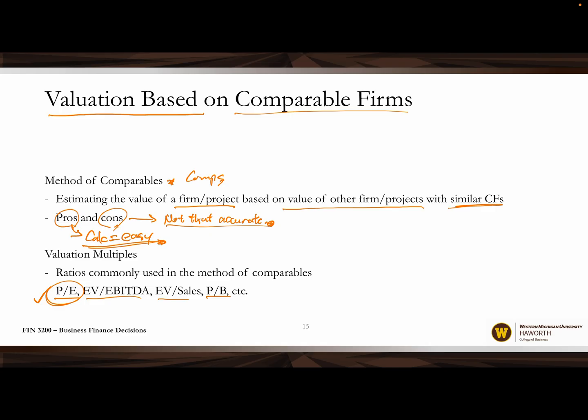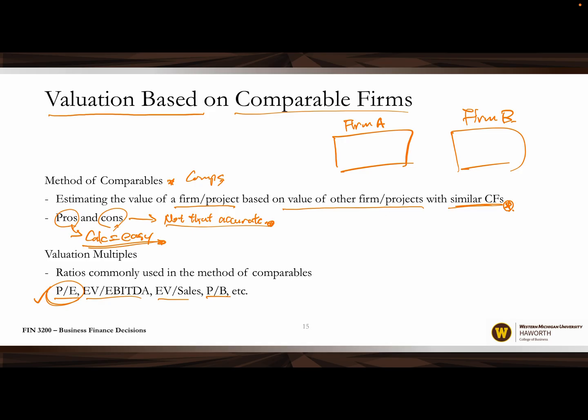So the idea is, let's say there are two firms, firm A and firm B, and they're both producing the same product, and they have similar size and similar cash flows.